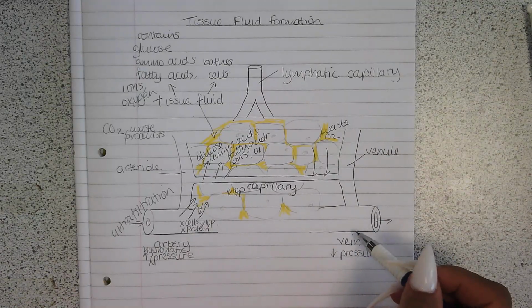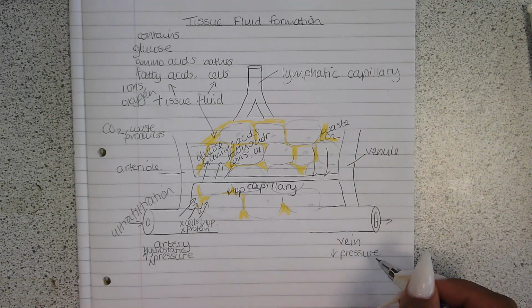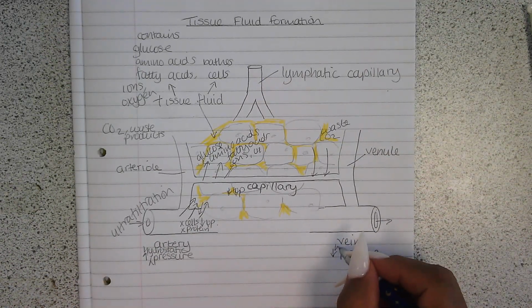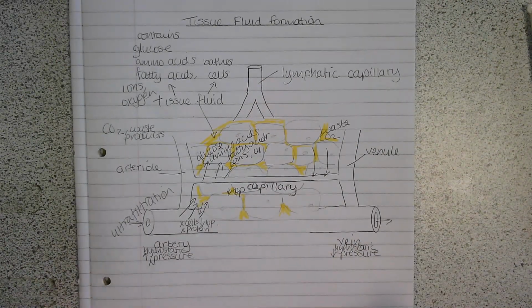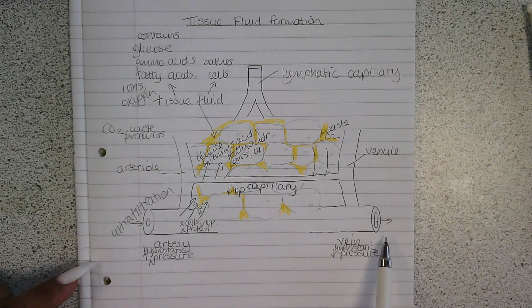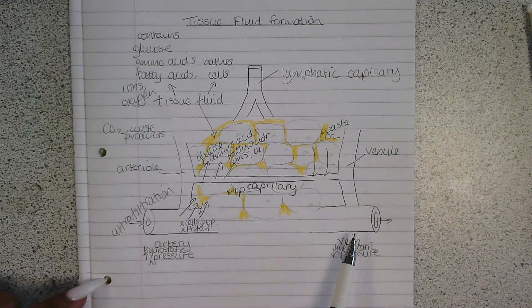By the time the blood has got to the veins, the pressure is low. We can say that the hydrostatic pressure is low. So this formation of tissue fluid happens due to the difference in hydrostatic pressure.